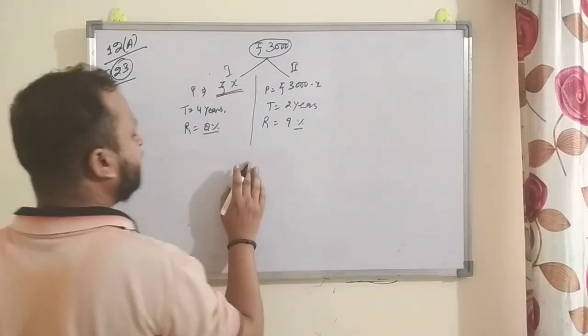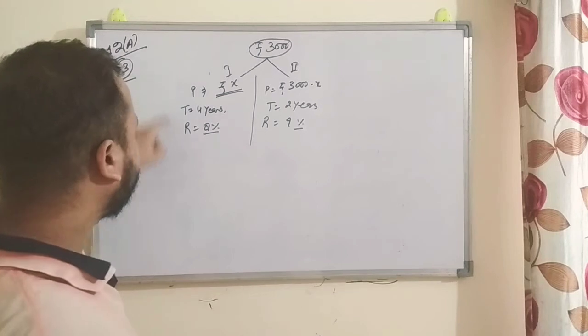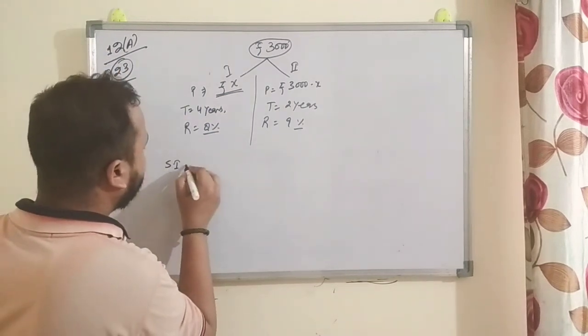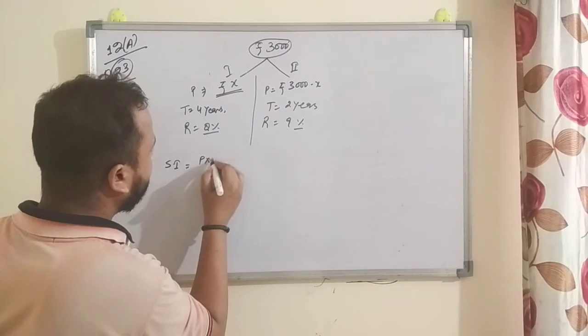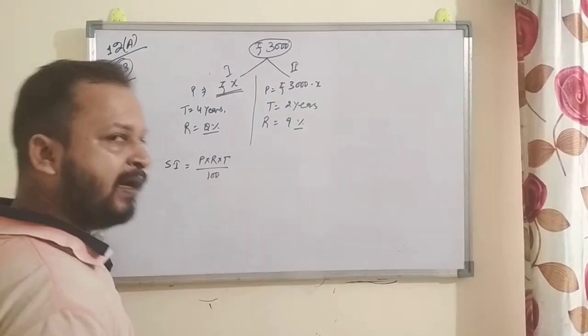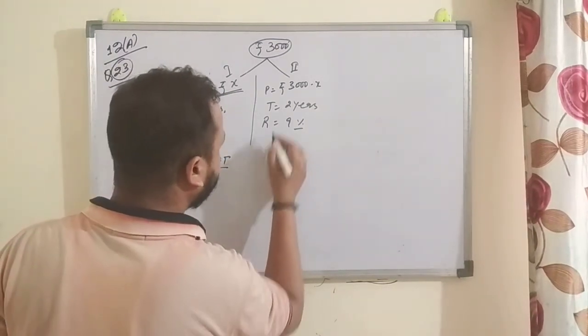So now it is saying that for this part, if you find the simple interest, right? Simple interest is P into R into T by 100. Simple interest for this part and simple interest for this part.